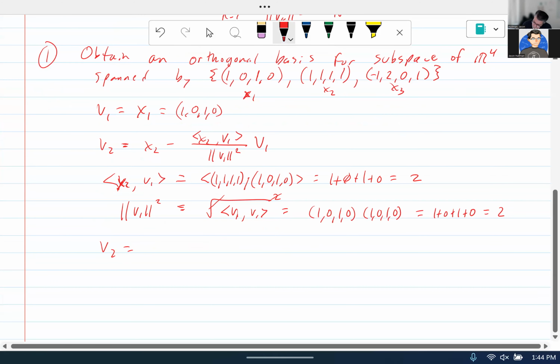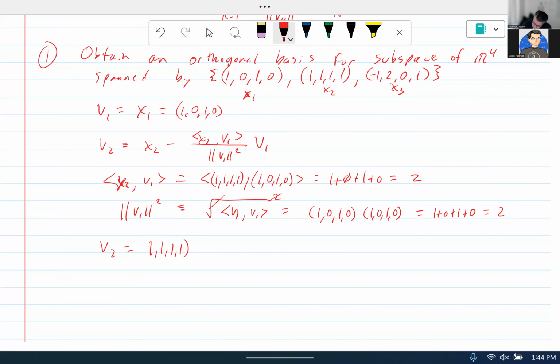V2 is equal to x2, which is 1, 1, 1, 1, minus the inner product of x2 and v1, which is 2, over the norm of v1 squared, which is just 2, times v1, which is just 1, 0, 1, 0.